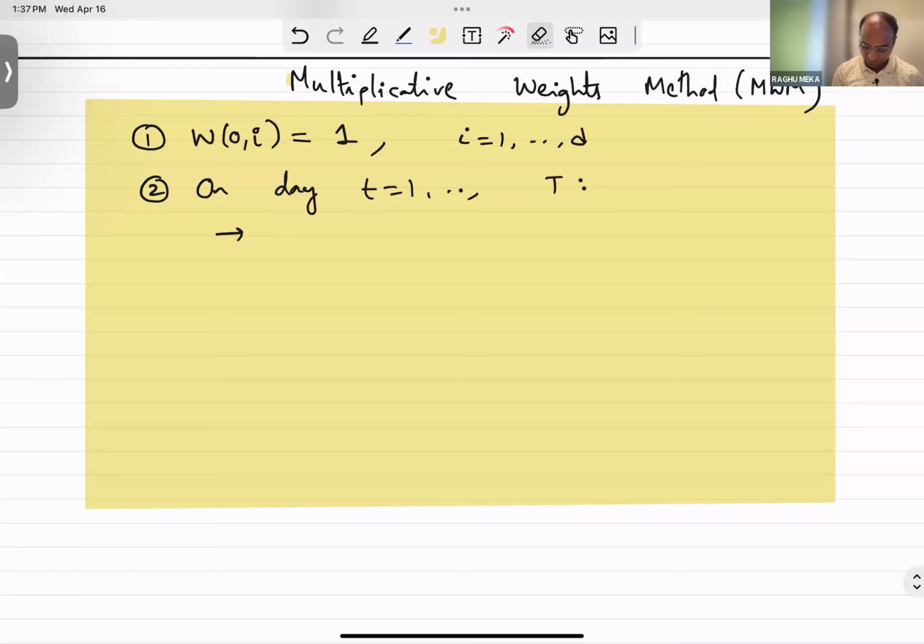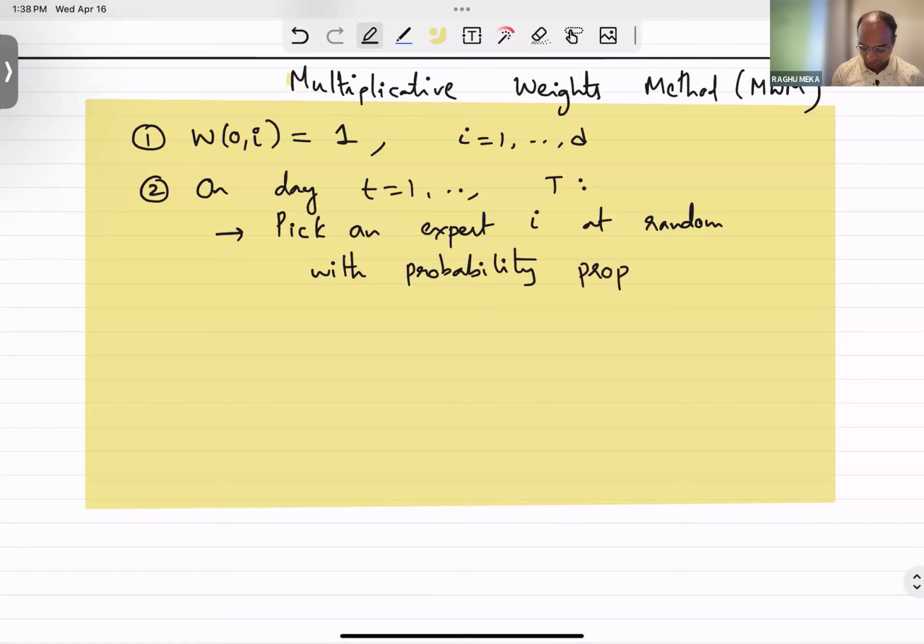So we pick an expert i at random with probability proportional to w_{t-1}.